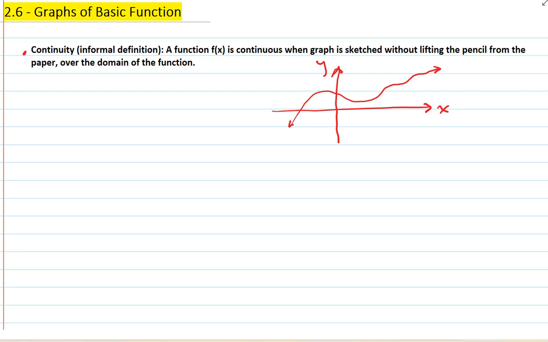If the function is continuous, that means there are no breaks in the graph, there are no holes, there are no jumps. So for instance, the function could have a hole in it, there you go, and a jump. So this function is not continuous.